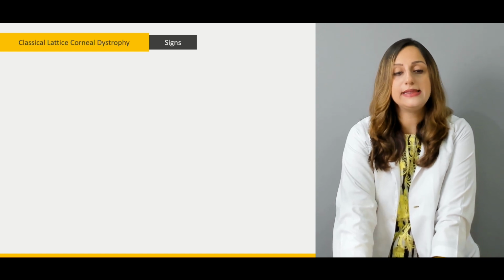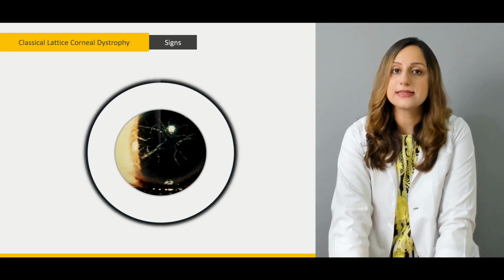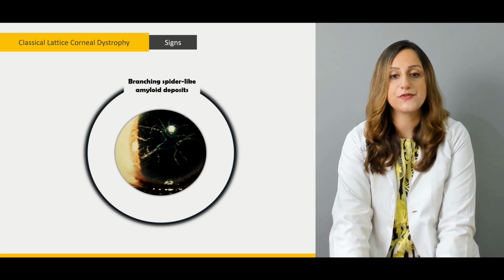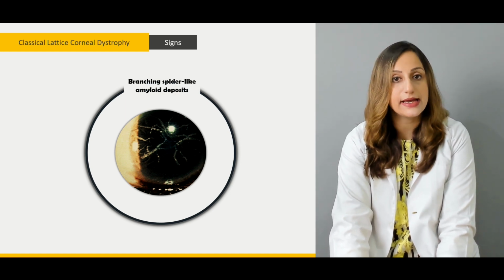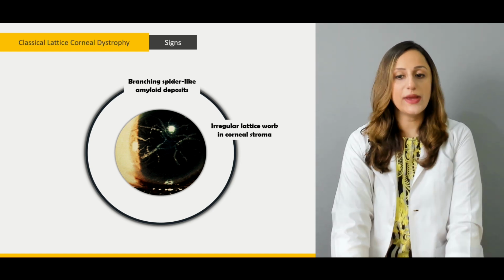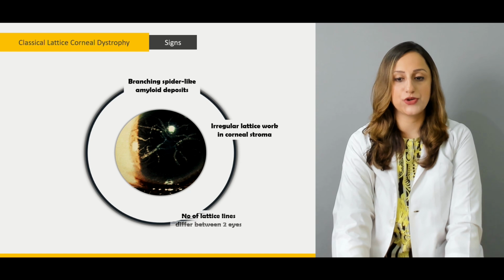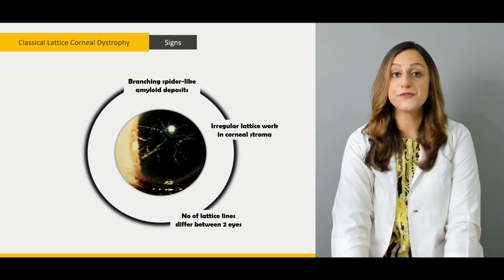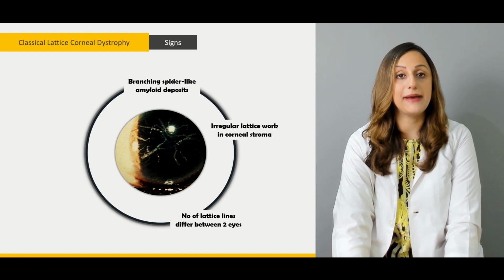The classical lattice corneal dystrophy and the signs coupled with this kind of dystrophy are the branching spider-like amyloid deposits. Along with that, we have an irregular lattice work in the corneal stroma. Then we have to note the number of lattice lines differing in both of the eyes because it is a bilateral condition.